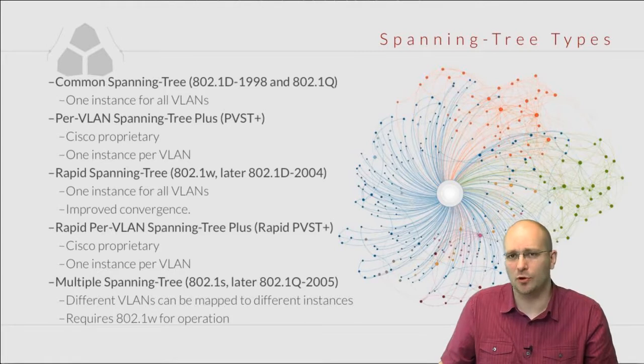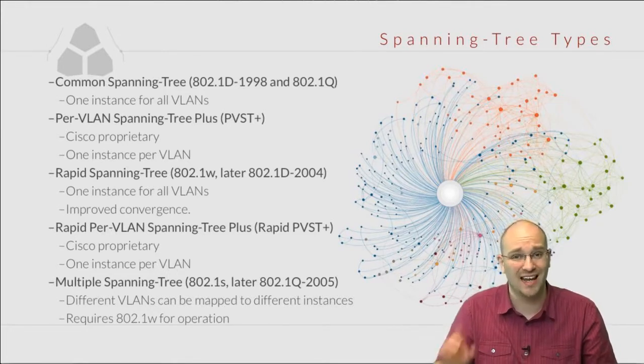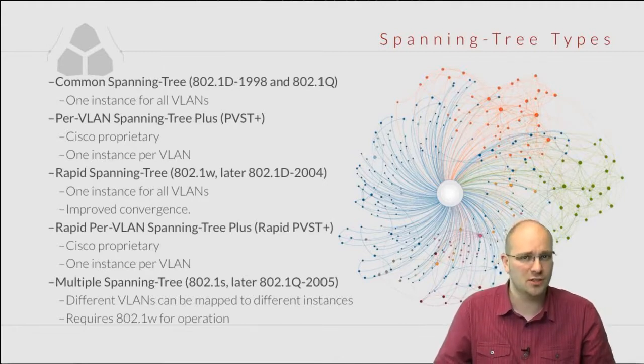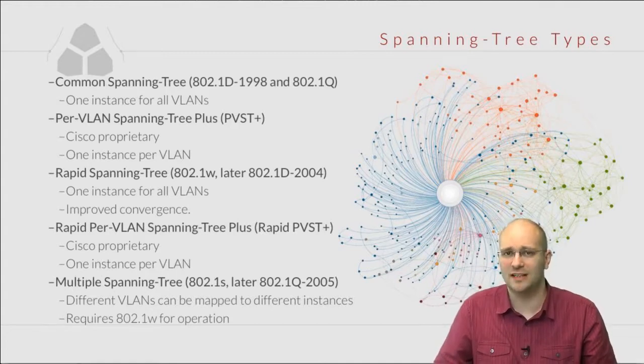The way this protocol works is we have a single instance for all the VLANs in our network. If we have 256 VLANs, we are going to be using a single spanning tree instance. This is the protocol that Cisco doesn't directly support on their switches, because they thought that it was an inefficient way of using the resources in the network.